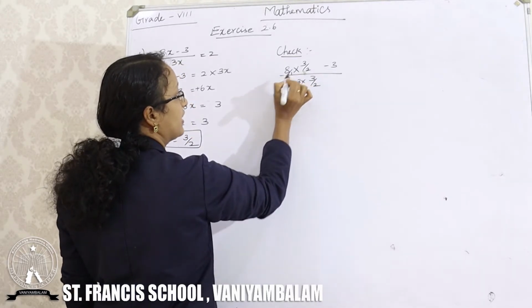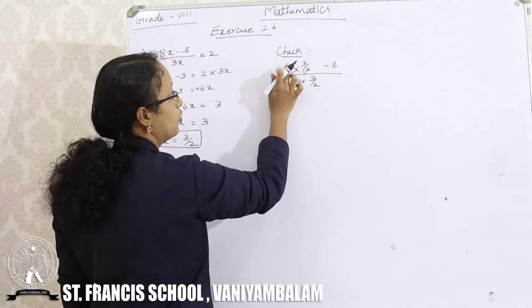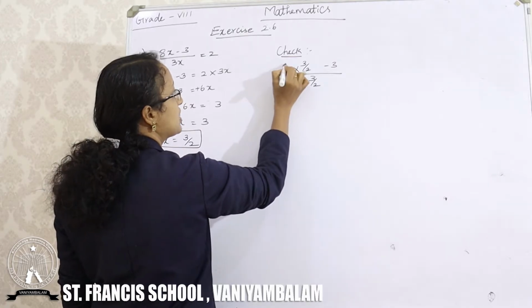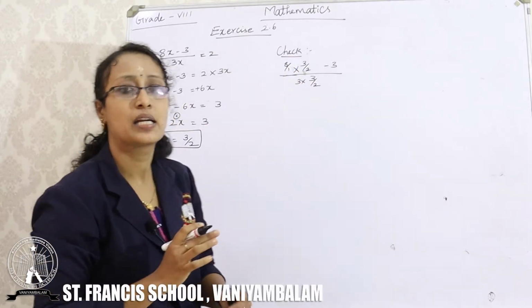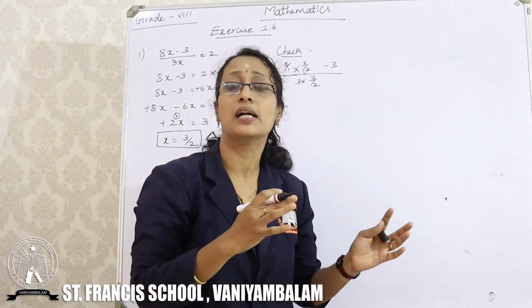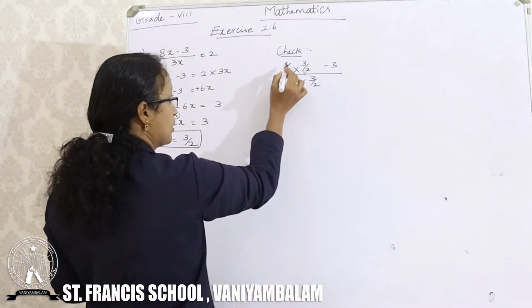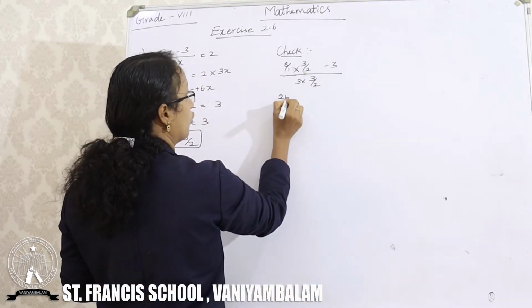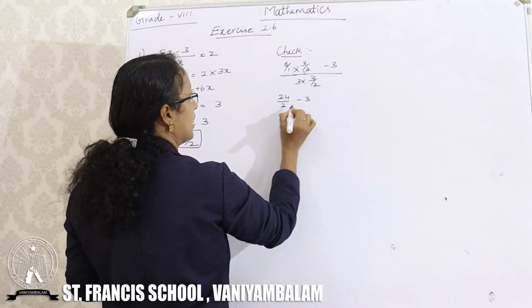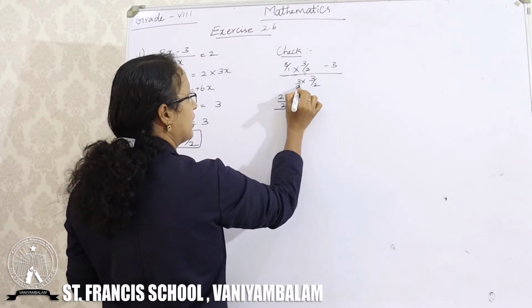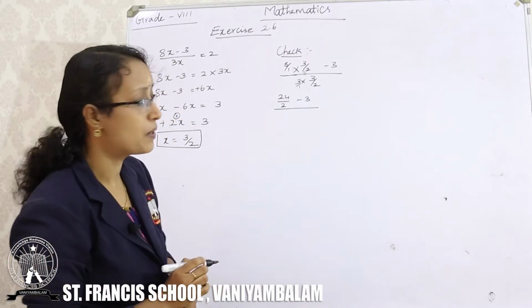So, 8 you can write it as 8 by 1. Now, multiply the numerators. If two fractions are in multiplication, then you can multiply the numerators directly and multiply the denominators. So, 8 into 3 is 24 divided by 1 into 2 is 2, minus 3, divided by, here you can write this 3 as 3 by 1.